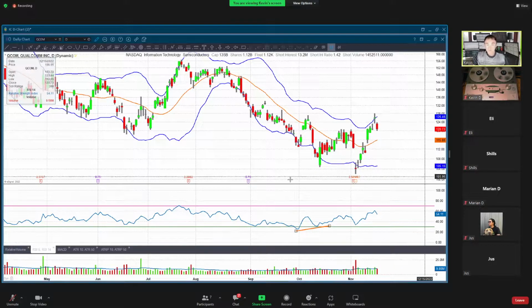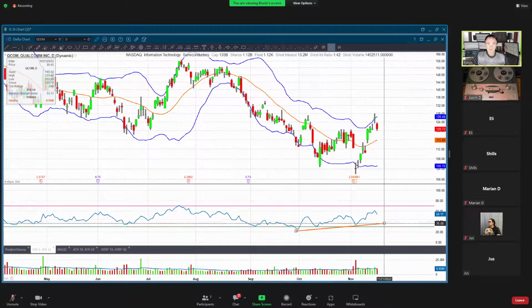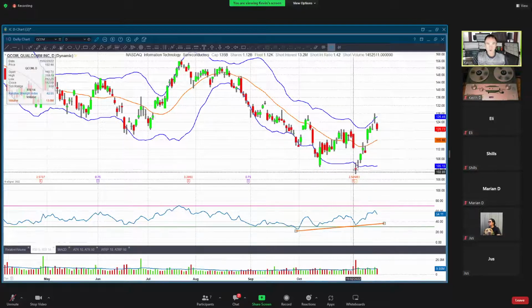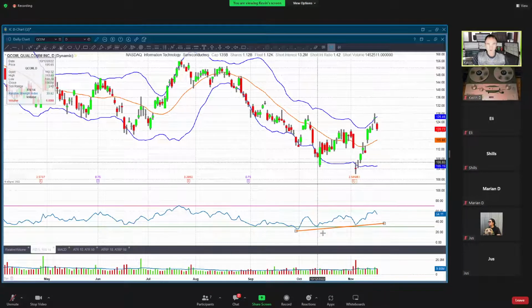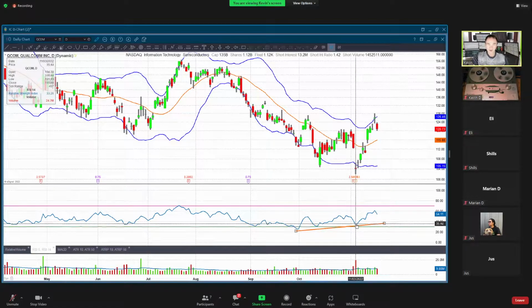But this has now made another setup, right? Because we've made a lower low than this low. We've made a higher low in RSI. Now, granted, these aren't below 25, either of these two, but we still have this one back here that was.